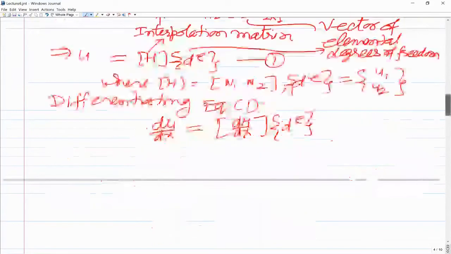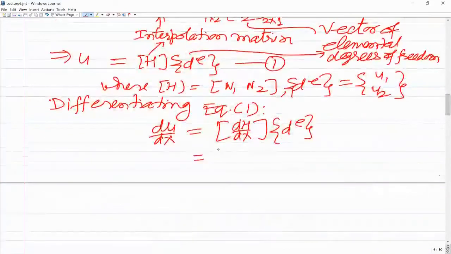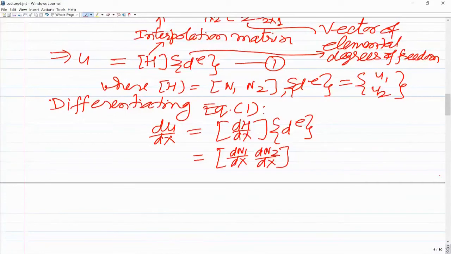As you know, h consists of n1 and n2, so dh by dx will be dn1 by dx and dn2 by dx. Please keep in mind that these are the two elements of this matrix. This is not the product dn1 by dx into dn2 by dx. This is the first column, this is the second column of the matrix, into d e.